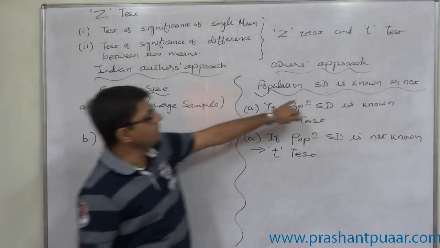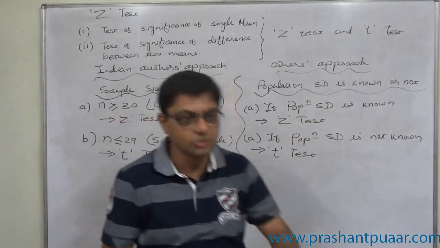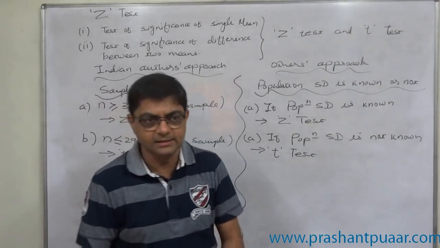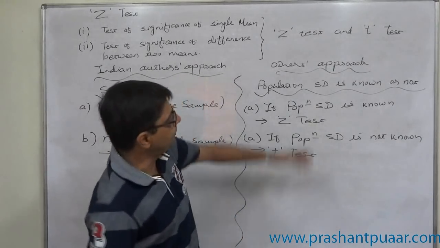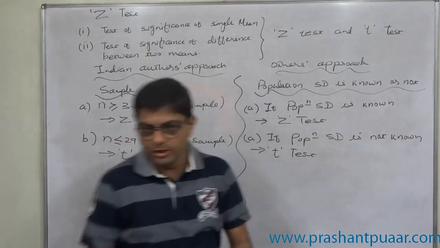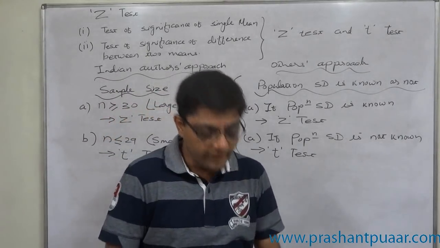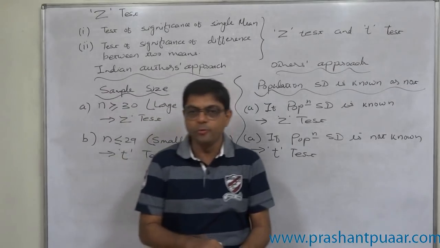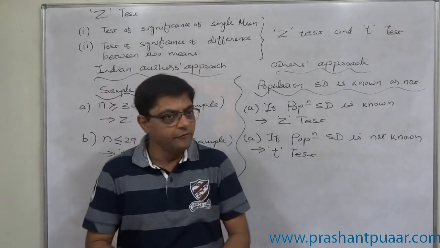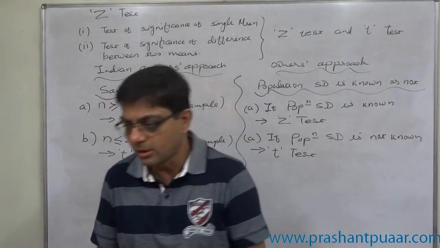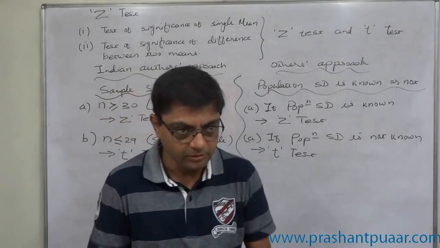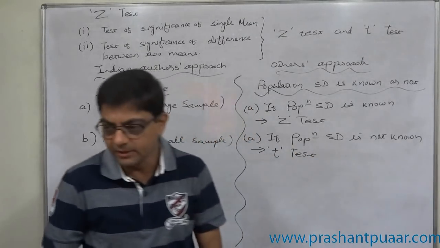Then how can we believe that population standard deviation is known, or whatever statistics are available as population standard deviation or population variance? How can we rely upon them? Because when the study of population is not possible, we have to study the sample and draw conclusion about the population, that we know. That's why there is something like sampling theory.